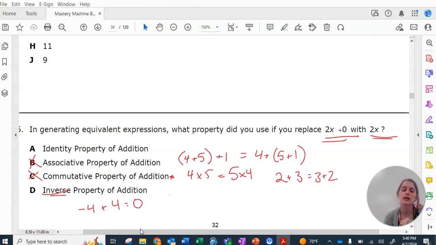Or when you say 1/3 times 3 equals 1, because you're multiplying opposites, like reciprocals. Identity property is our answer. That has to do with, oh, it's okay to add 0 to something. That does not change its answer. And it's also okay to multiply something times 1 because that does not change its answer. So our answer here is this plus 0 is showing the identity property.